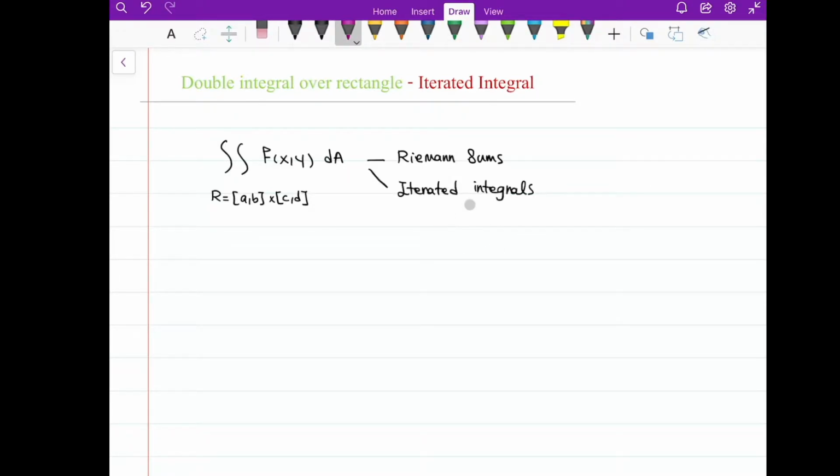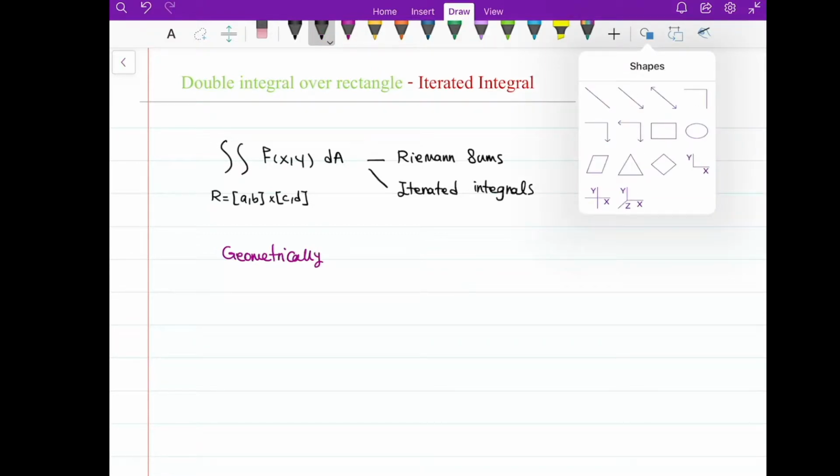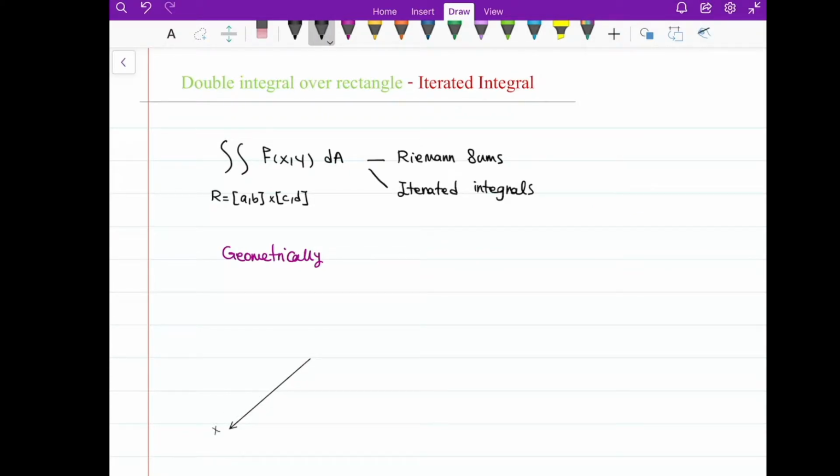So geometrically, what are we gonna do? Geometrically, I really want to have a good graph in here because it's very important. So this is the x-axis, I have the y-axis, and I have the z-axis in here.